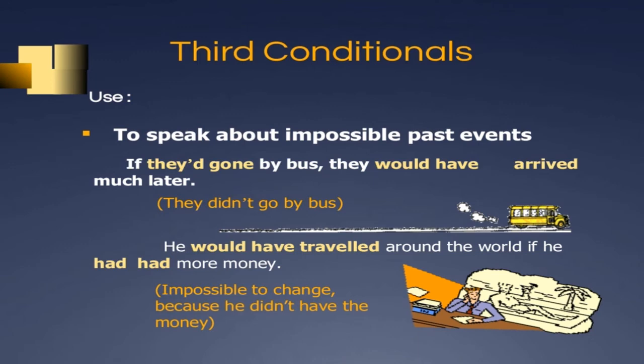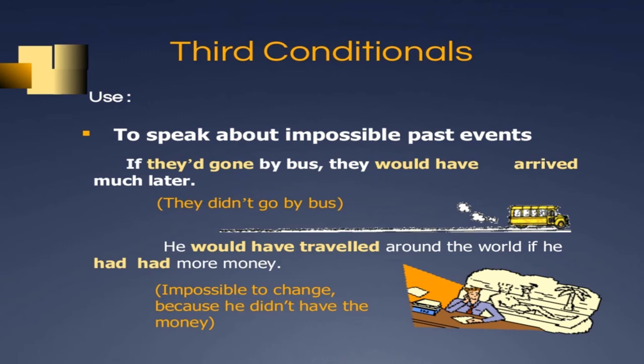For example, if they had gone by bus, they would have arrived much later. Now, if they had gone by bus means they didn't go by bus. In the first condition, we talk about situations which happen. But in the third condition, we are talking about things which have not happened.